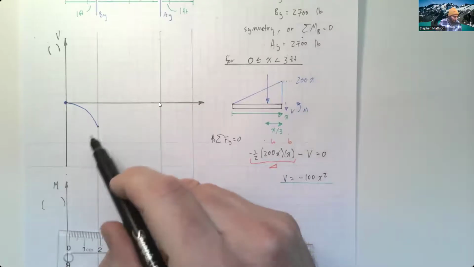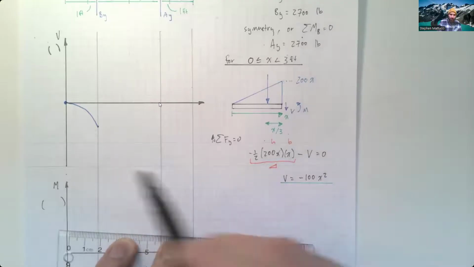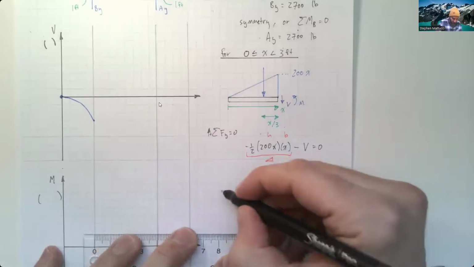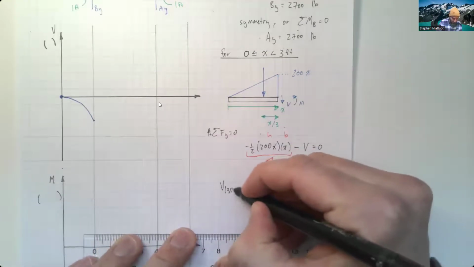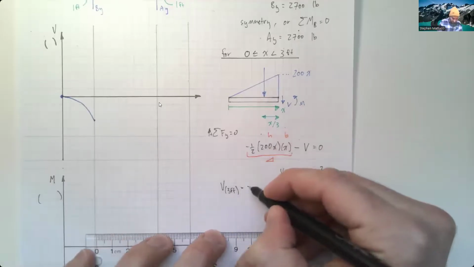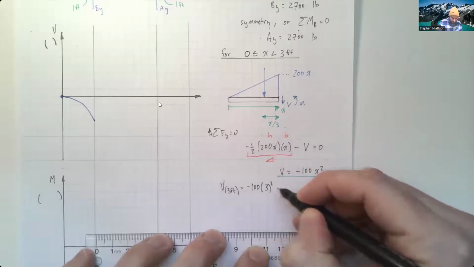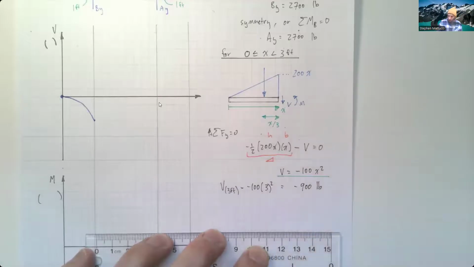Okay, so I want to know what this value is here, right just to the left of that step. So I'm going to solve for my shear at 3 feet equals negative 100 times 3 squared, which is equal to negative 900 pounds.